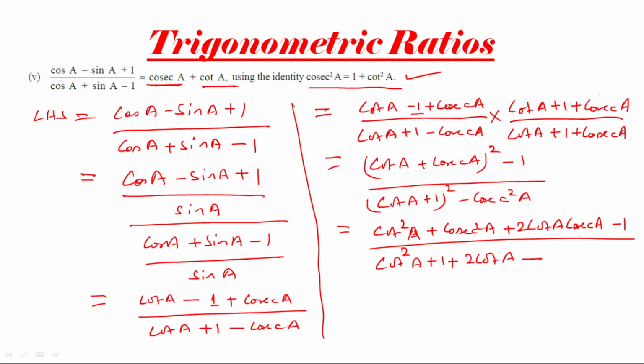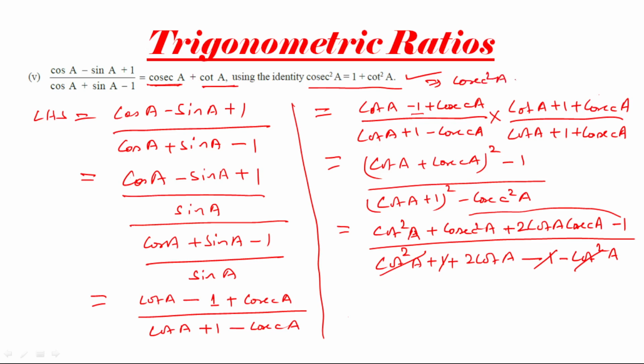So it is minus, so minus 1 minus cot square A. So now this cot square A and this cot square A will get cancelled. This 1 and this minus 1 will get cancelled. Okay. Similarly, this cosecant square A minus 1, we can find it out from here.